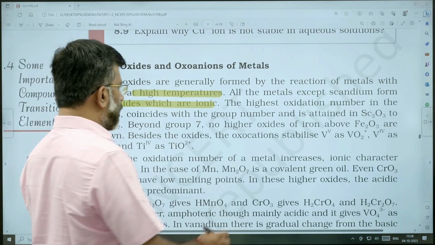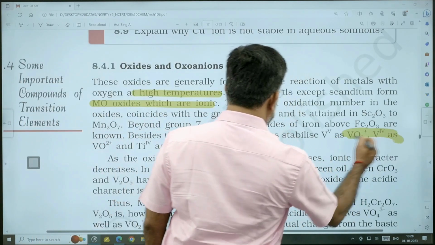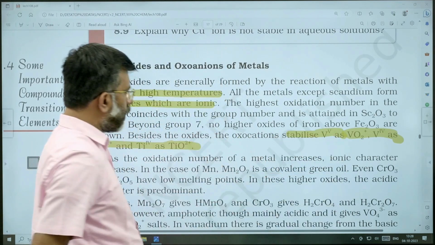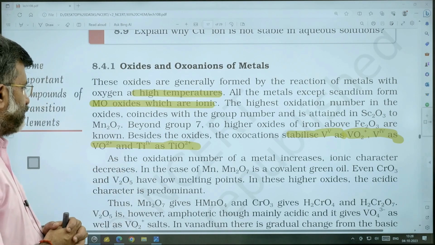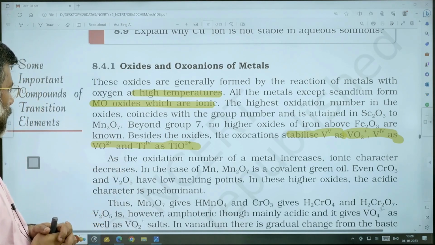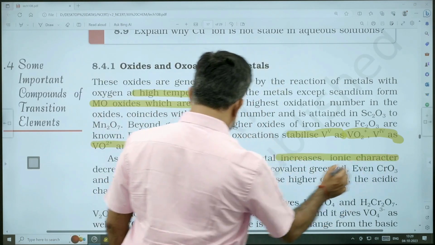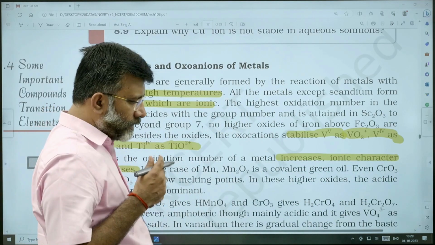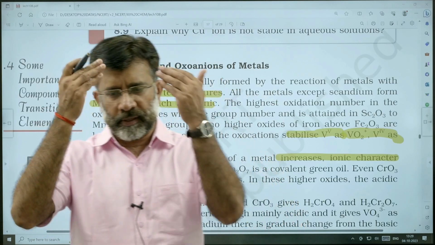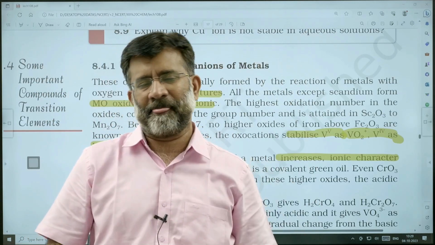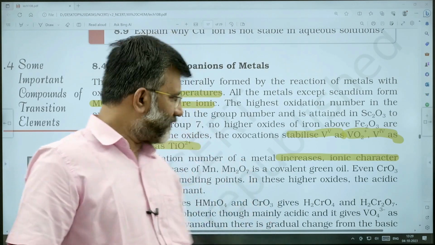Besides these, there are oxocations. These are some oxocations which are stabilized. As the oxidation number increases, ionic character decreases. That's a general point. When the oxidation number increases, ionic character decreases and acidic nature increases.